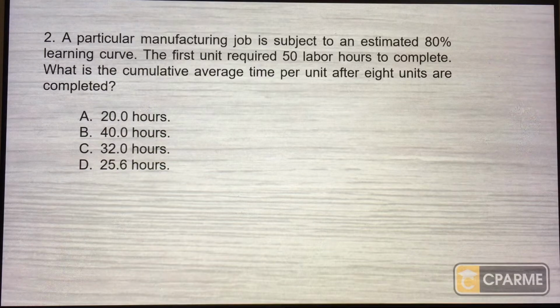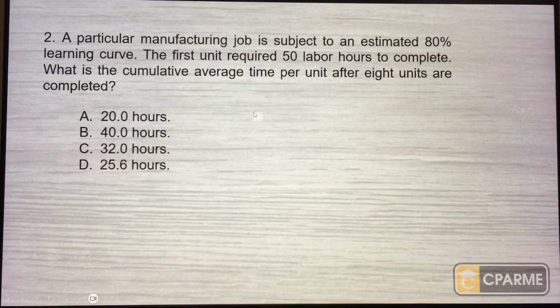So the first unit is 50. For the second unit, considering the learning curve, it's 80% times 50. Then for the fourth, 50 times 0.8 is 40, times 0.8 again. This is the illustration of how you will compute this.